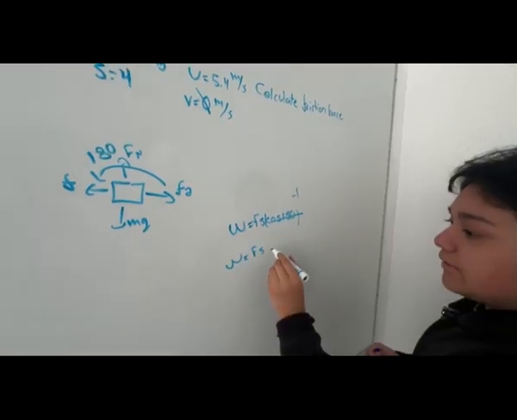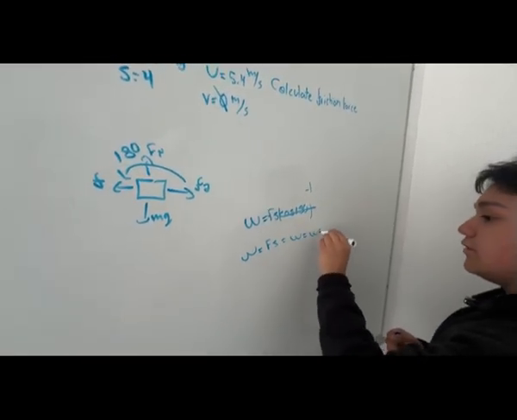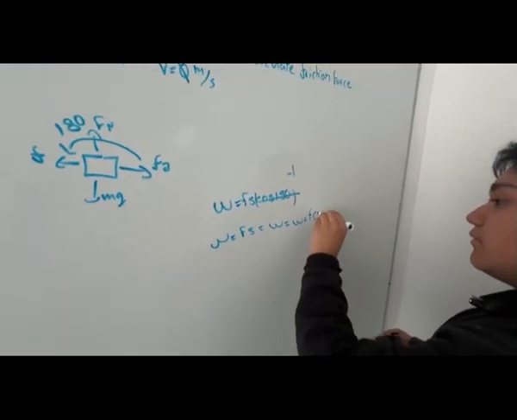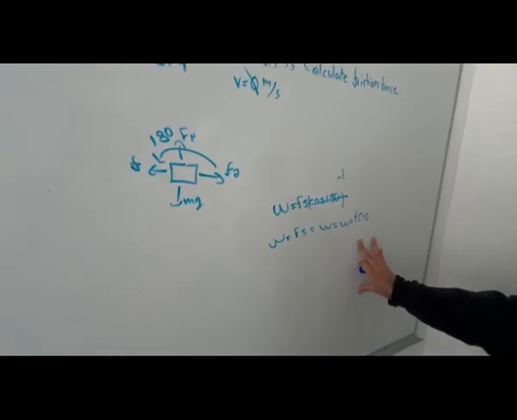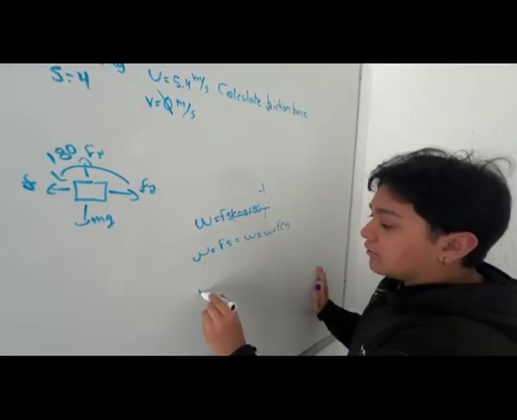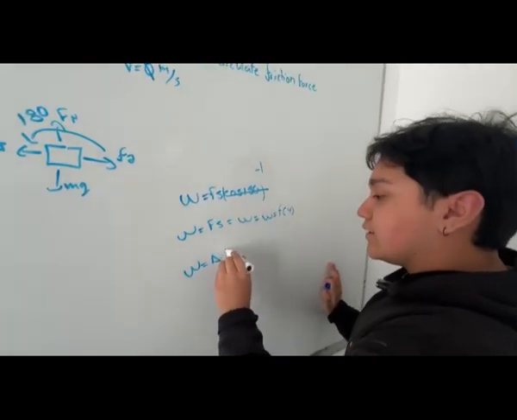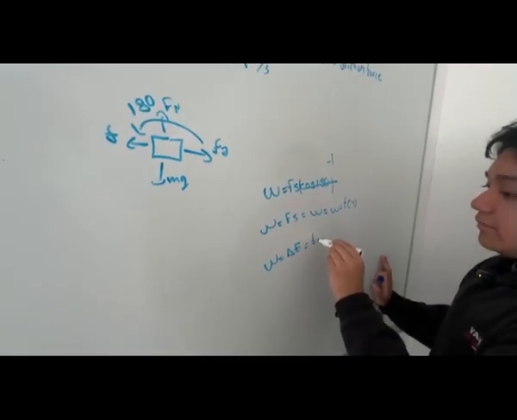And we know that s is equal to 4. So work is equal to F times 4. Right here we have two variables that we don't know, but we can know the work. Why? Because work is equal to change in energy, and our change in energy is equal to final minus initial.